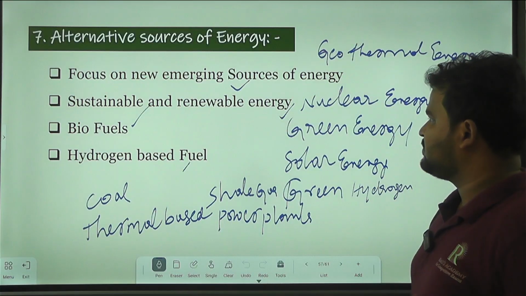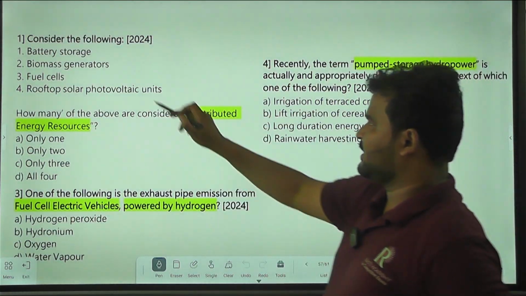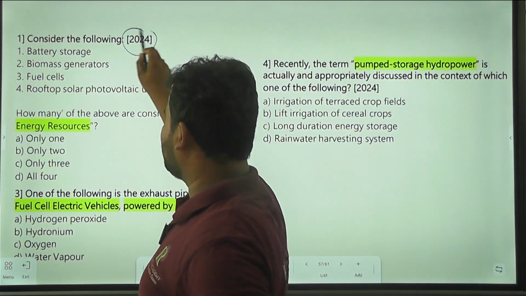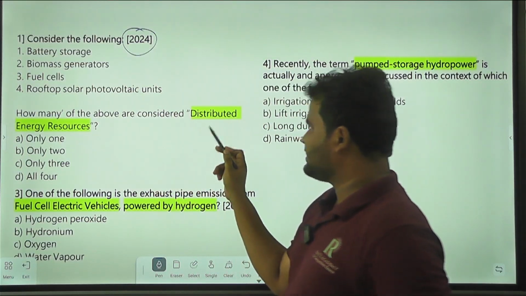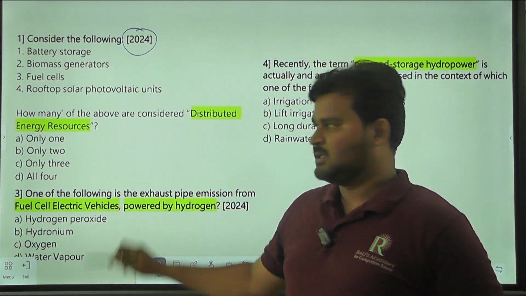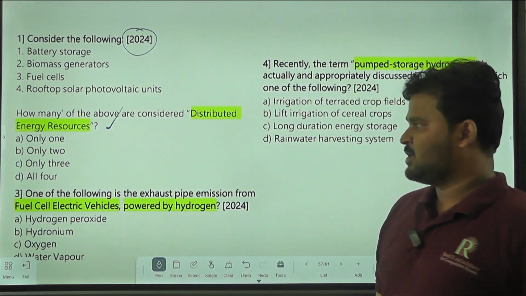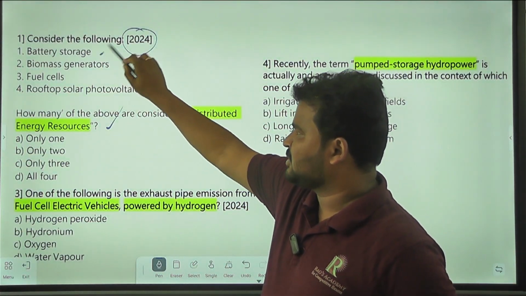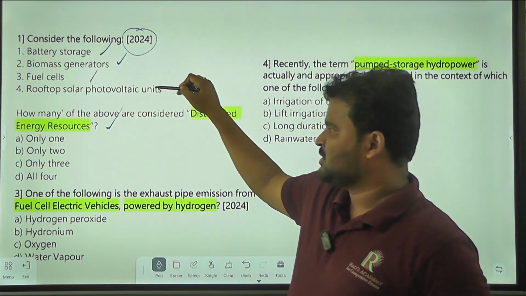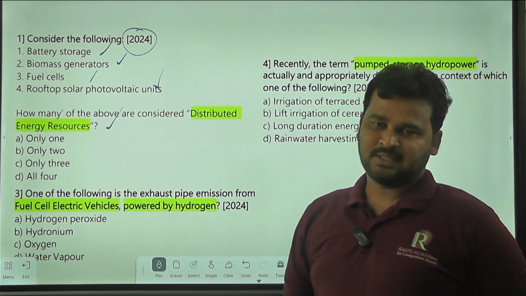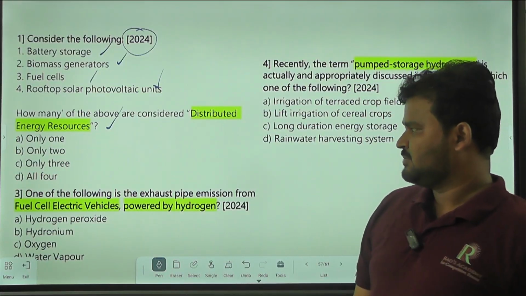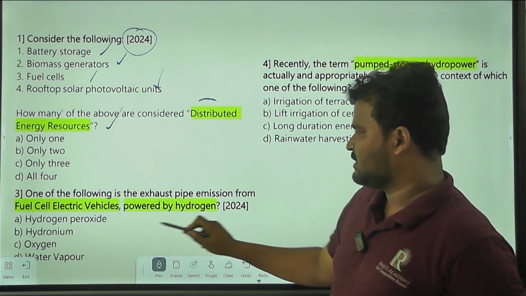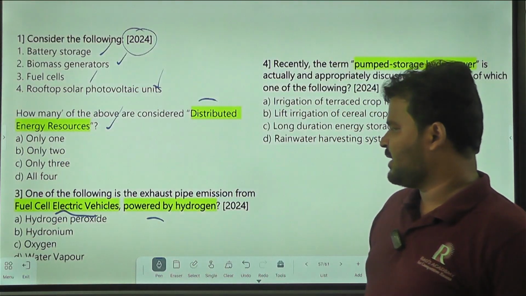Next, consider the following, 2024. How many of the above are considered distributed energy resources? They have given options: battery storage, biomass generators, fuel cells, rooftop solar photovoltaic units, and fuel cell electric vehicles powered by hydrogen.